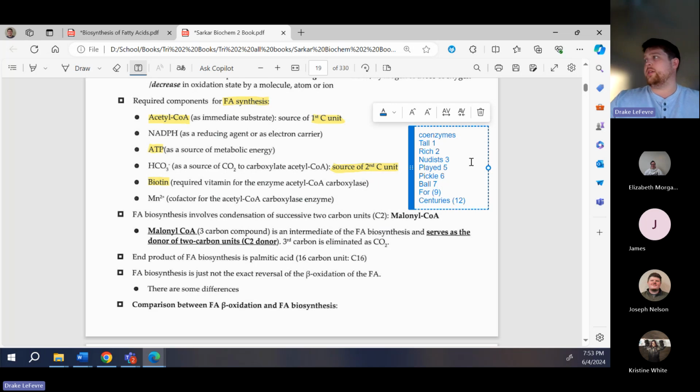So biotin is our B7. And then we have Mn. Mn is manganese, or is that because Mg is magnesium? Yeah, Mn is manganese.